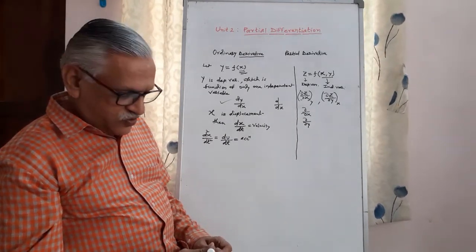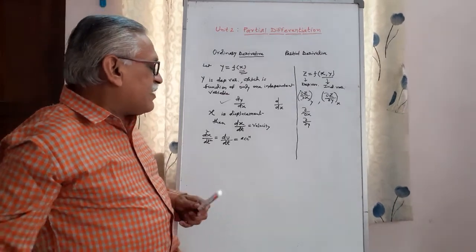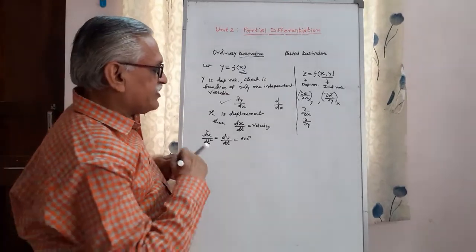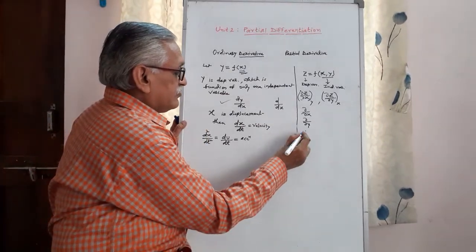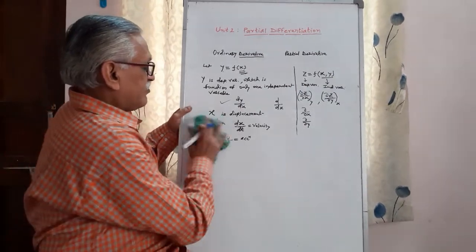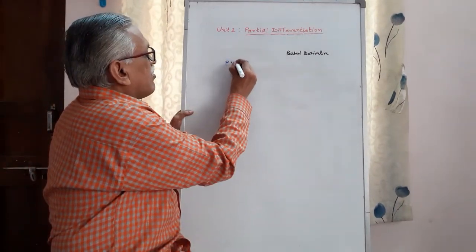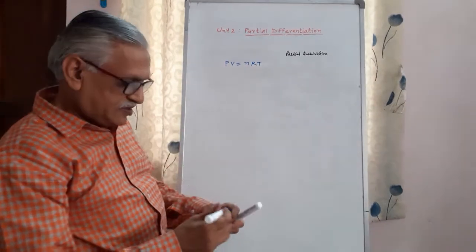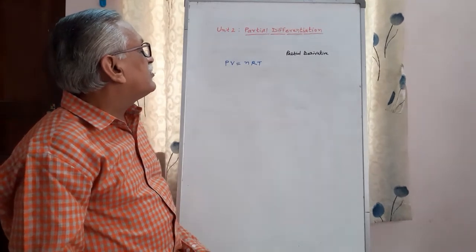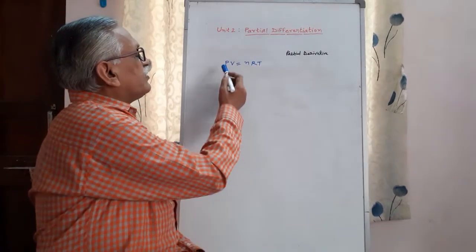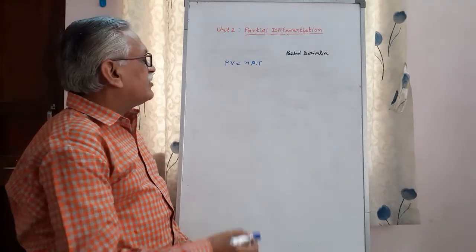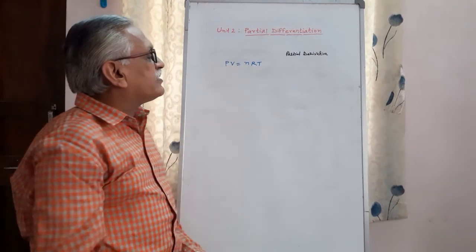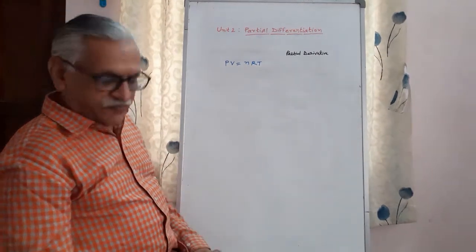I always used to explain this concept by one example from physics. This equation is PV equals nRT. P stands for pressure, V stands for volume, N and R are constant, and T represents the temperature.